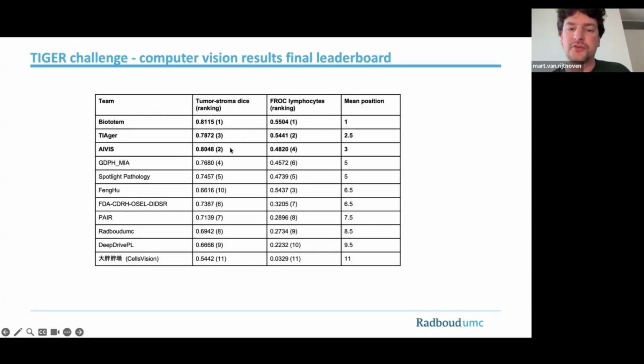Then we took the mean ranking of both of these metrics, and that determined the final position in the leaderboard. And yeah, these algorithms really produced very nice segmentation and lymphocyte detection.